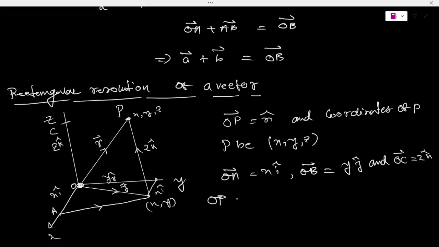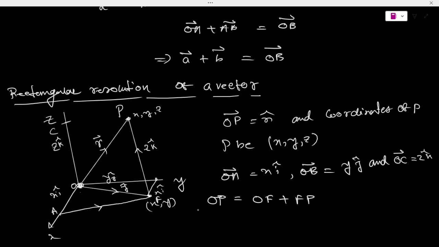So OP is equal to OF, this is the name F, and FP. So OP, from O to point P, is equal to OF plus FP.